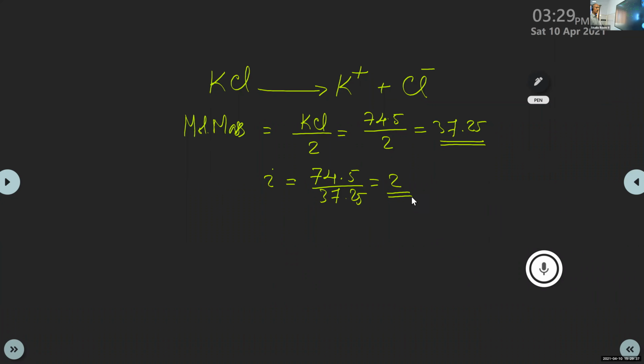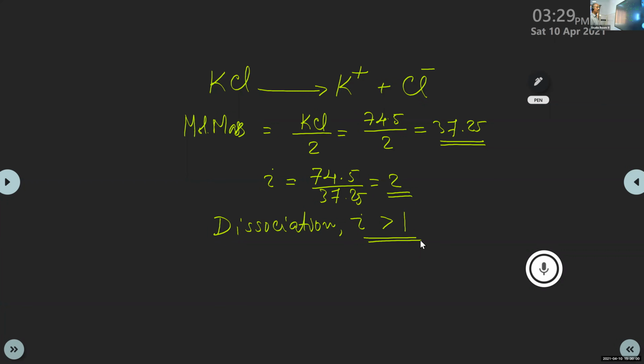So suppose there is a dissociation, then what will be the nature of the Van't Hoff factor i? Van't Hoff factor i will be greater than 1.